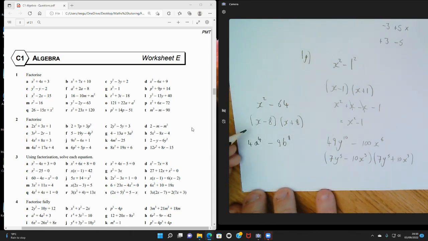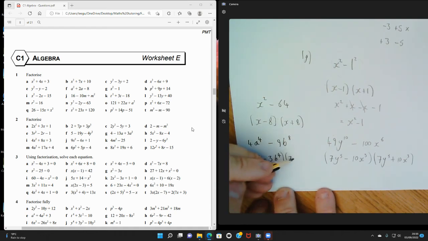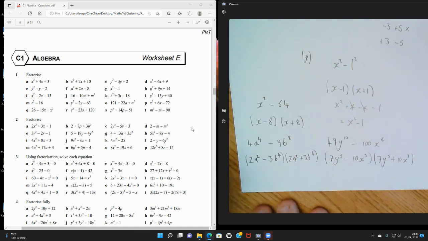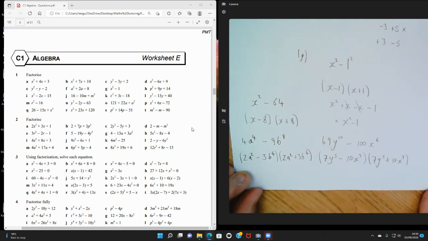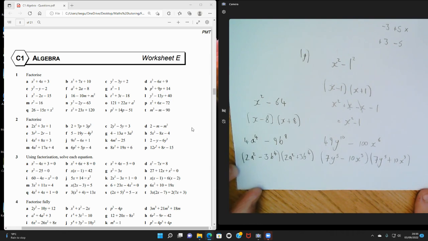Well, this one would factorize into 2a squared minus 3b to the 4 times 2a squared plus 3b to the 4. And that's how you factorize things that are called the difference of two squares. So that's a few examples there of the difference of two squares.